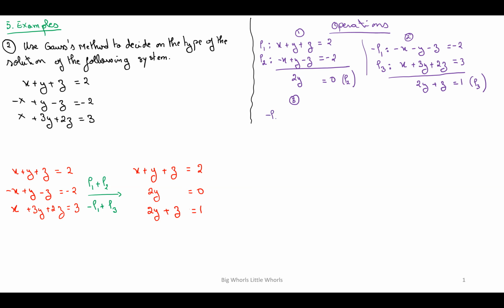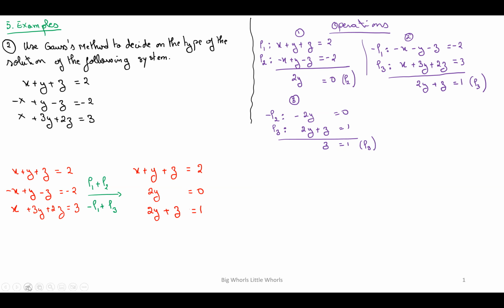So minus row 2 gives minus 2y equals 0, and row 3 is 2y plus z equals 1, and the answer is z equals 1. This is going to be my new row 3.